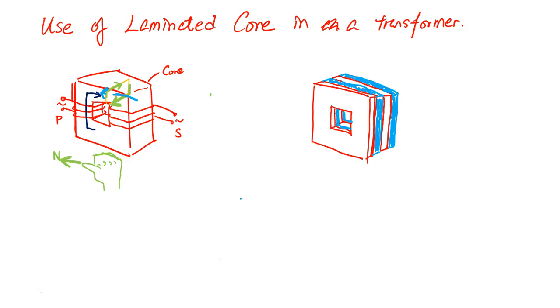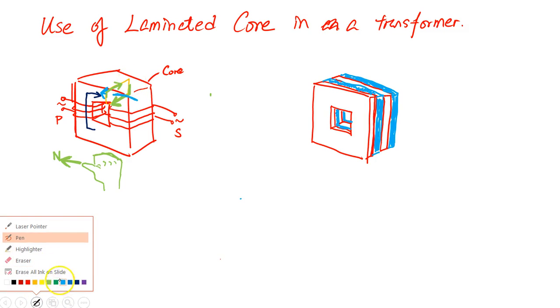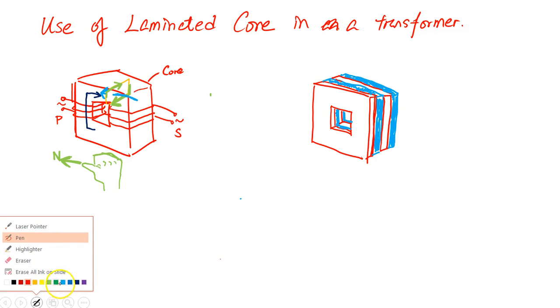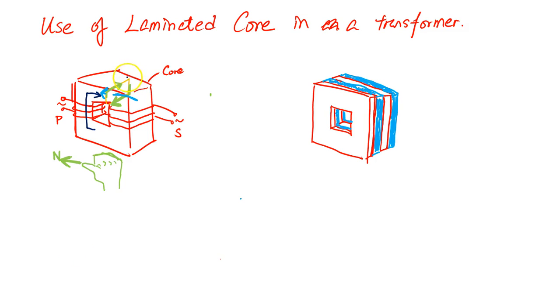Now, when this happens, there will be two problems. Number one is that this induced current flowing through the core has very little resistance. So whatever energy it carries will be transformed into heat. This particular current, we call it the eddy current.